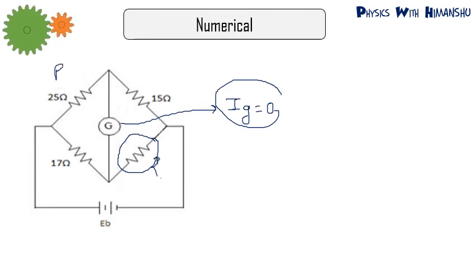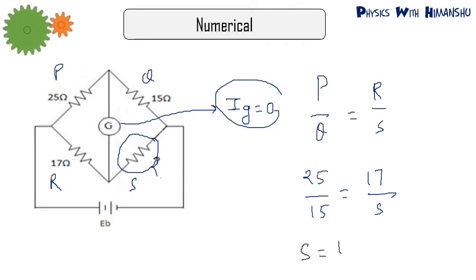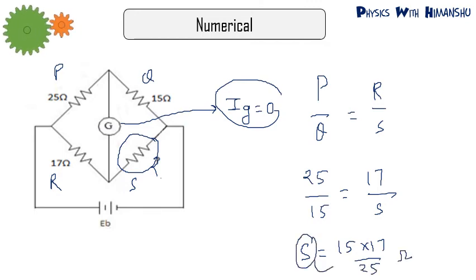Suppose this is P, this is Q, this is R, this is S. The condition is P by Q equal to R by S. So 25 upon 15 is equal to 17 upon S. So the value of S will be 15 into 17 divided by 25 ohm. If S is equal to this value, then this will be a Wheatstone bridge and this branch will have no current. So Ig will be equal to 0.